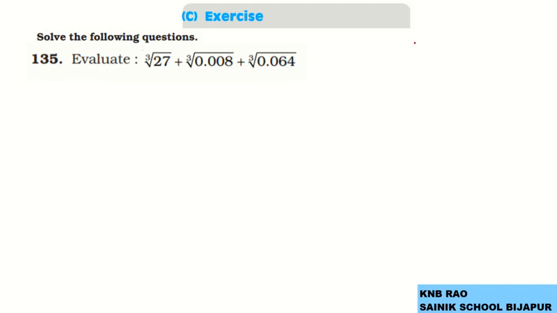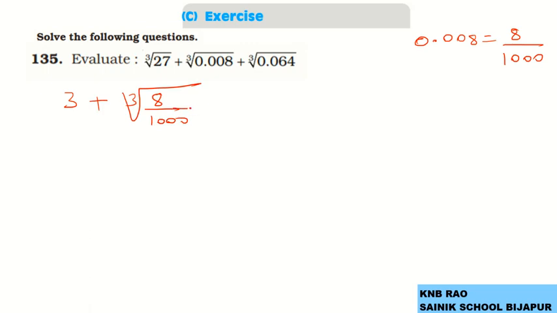You know 0.008 can be written as 8 upon 1000, and the cube root of it will be the cube root of 8 by the cube root of 1000. The cube root of 27 is 3, and the cube root of 8 by 1000, and the cube root of 64 by 1000.